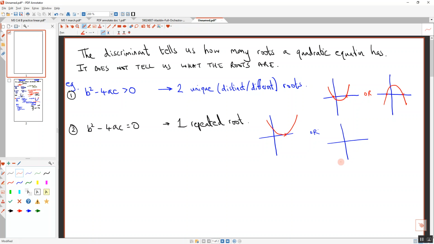Or in this case, it might go the other way. Last case. If b squared minus 4ac is less than 0, that means there are no real roots.